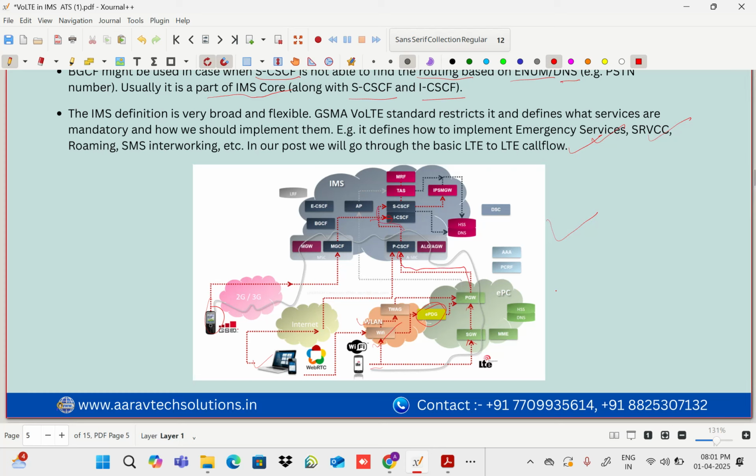Then it is connected to the S-CSCF. Then the IP-SM-GW for SMS related things. This is the HSS and this is the DNS. So this is the overall architecture we can learn here for the call flow, how our nodes will perform based on our UE, either a 2G, 3G UE or an LTE related UE.